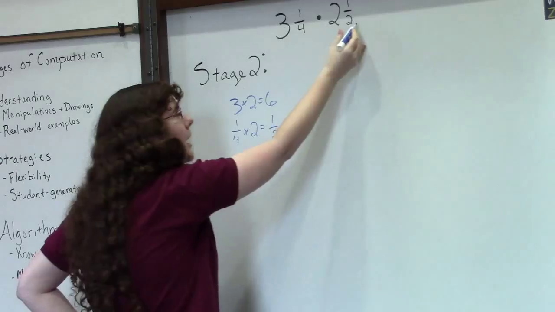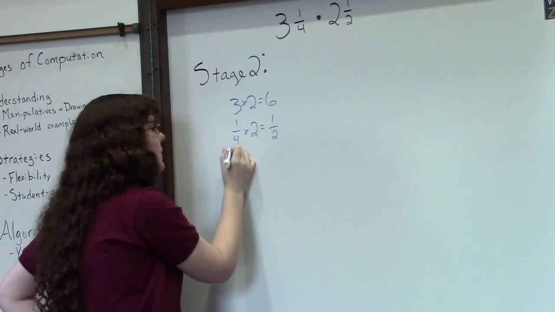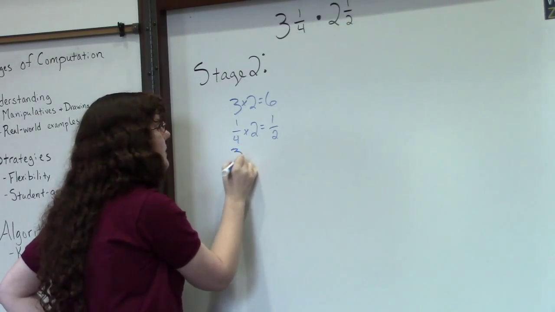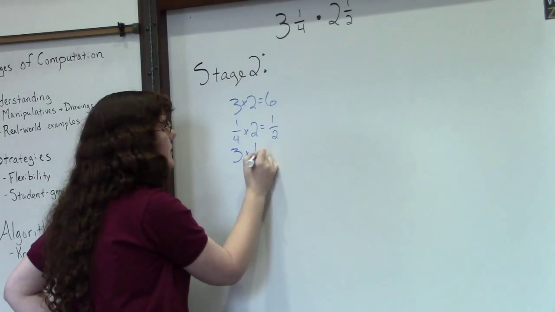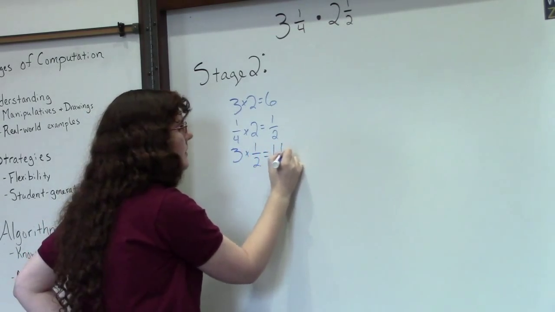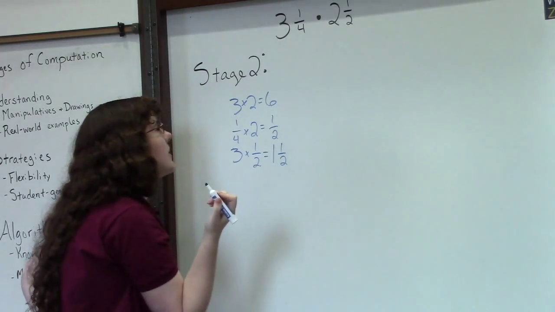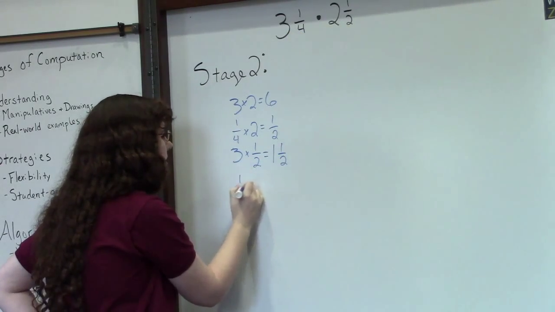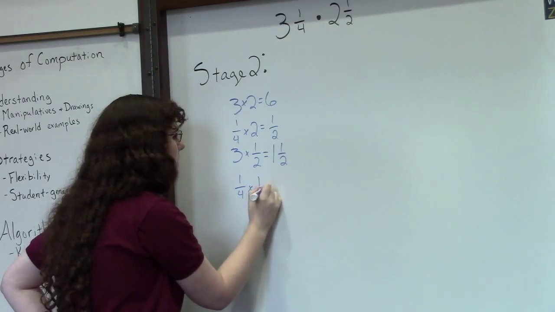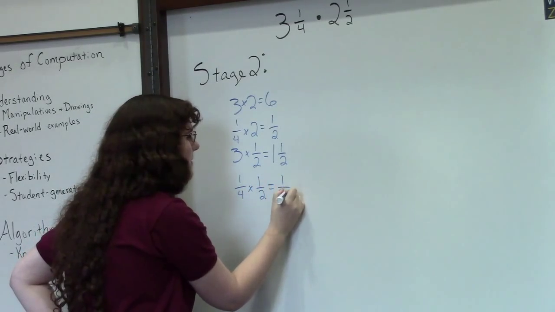Well, 1/2 a copy of 3, that's 1.5. And then 1/2 a copy of a 1/4, that's going to be 1/2 as big. So that'll be 1/8.